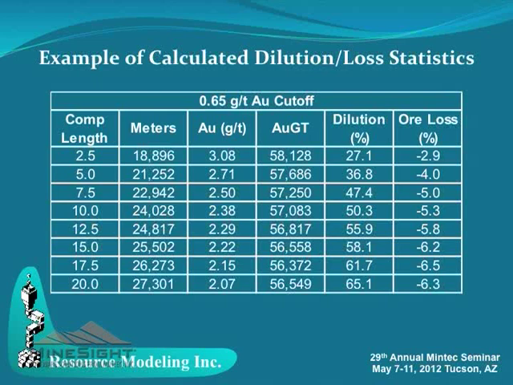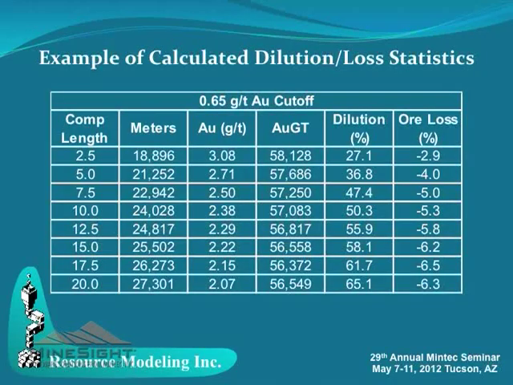In this case, I've got composite lengths ranging from 2.5 meters all the way up to 20 meters. And what we see is that at a 2.5 meter length, we've got nearly 19,000 meters of data above, in this case, 0.65 grams per ton.